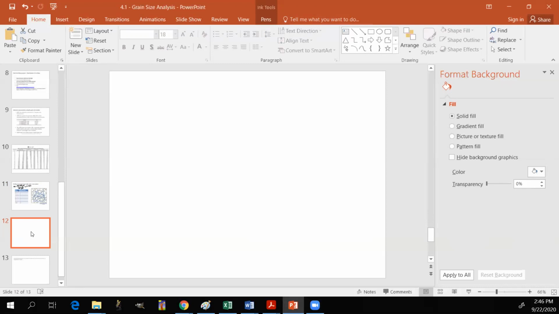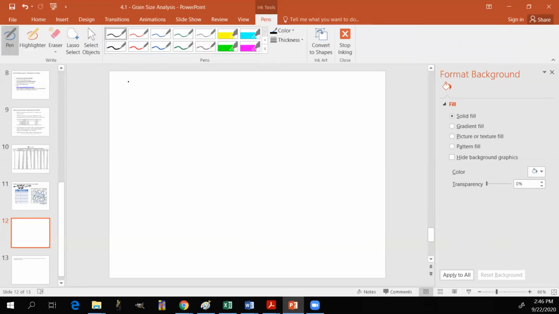Because the length of each line was, we set it to be 8 centimeters, right? So each line was 80 millimeters, which is the same thing as 8 centimeters.